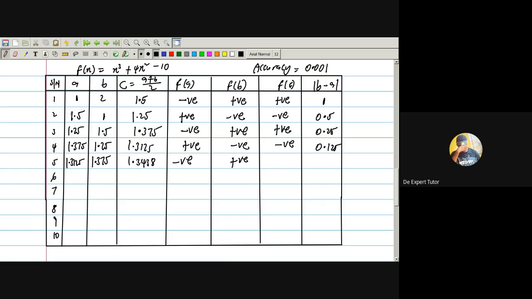Then what of this? Answer cubed plus 4 answer squared minus 10. That's negative.